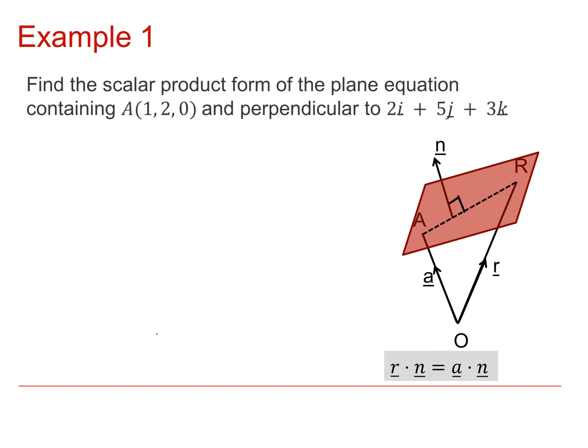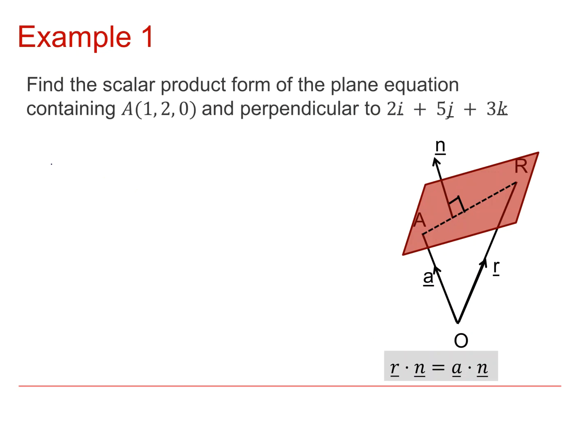Let's look at this in practice. Here I have a point A with coordinates 1, 2, 0 and a normal vector to the plane 2i plus 5j plus 3k. I want to find the scalar product form of the plane equation. So I'm going to use this r dot n equals a dot n.